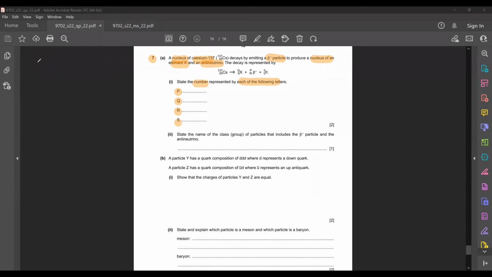In any nuclear reaction, we know that the proton number and nucleon number must be conserved.